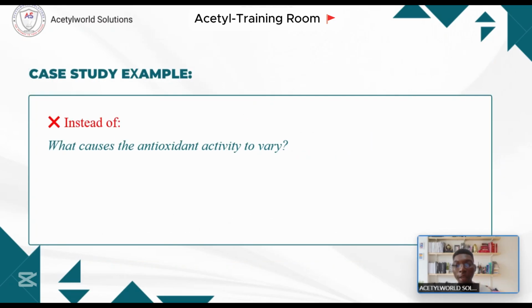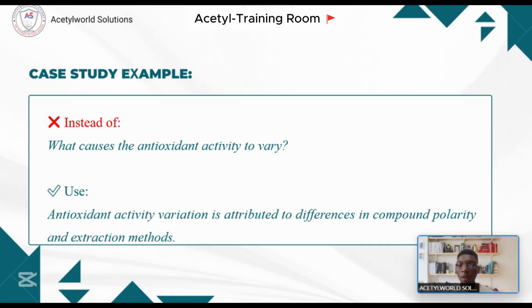So instead of you saying what causes the antioxidant activity to vary, this is very common among students, especially when you are making use of AI. AI will write the question, answer, write the question, answer. That is not how to do academic writing. You explain everything straight. So now, instead of that, you just need to explain what the antioxidant activity variation is.